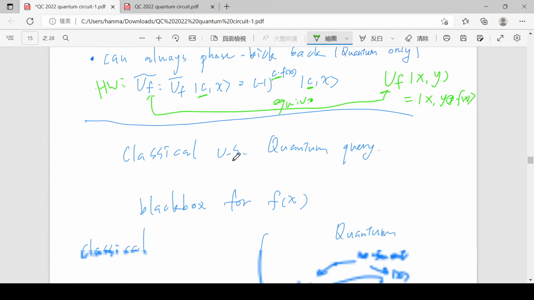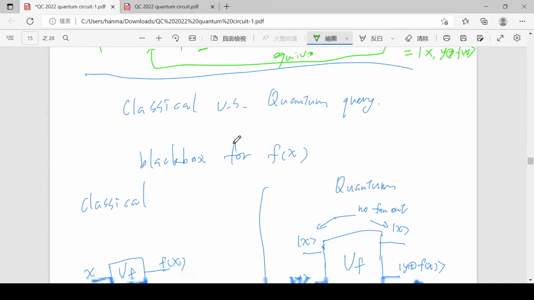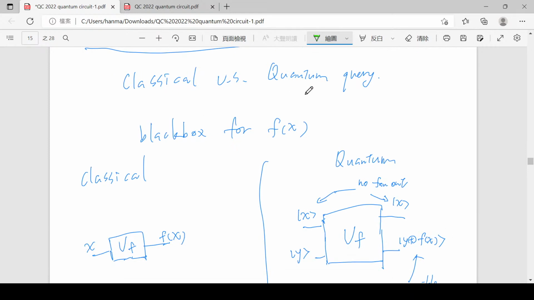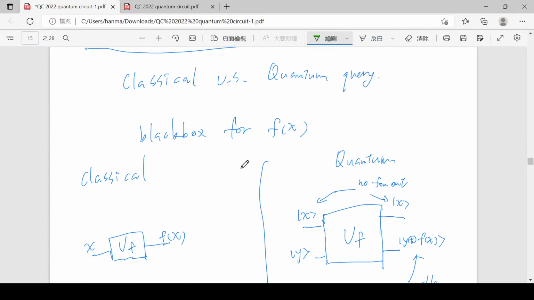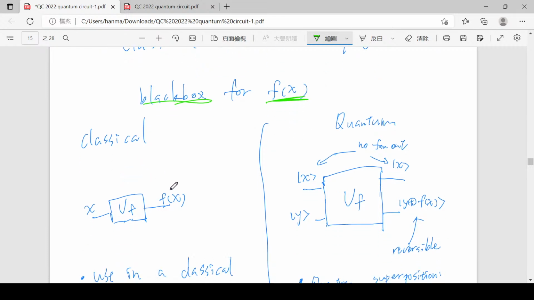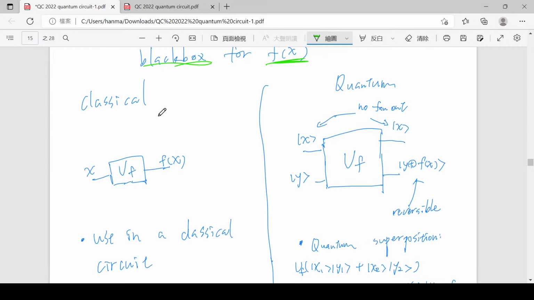So let's have a small comparison between classical and quantum query. We are both thinking of them as some black box for some function f of x, some kind of black box implementation of your subalgorithm. Classical is much simpler.